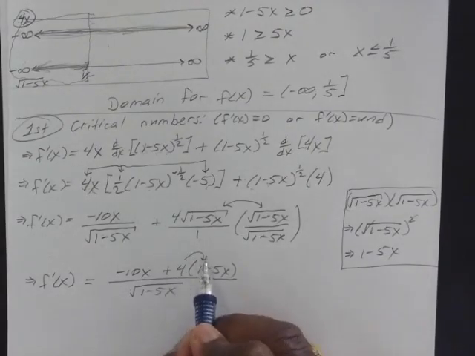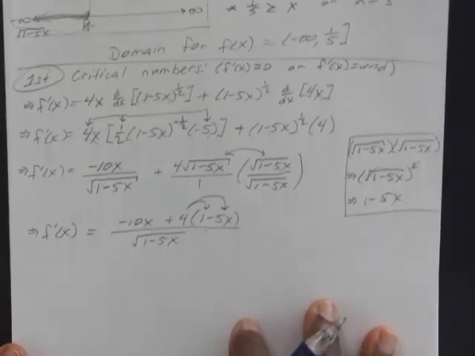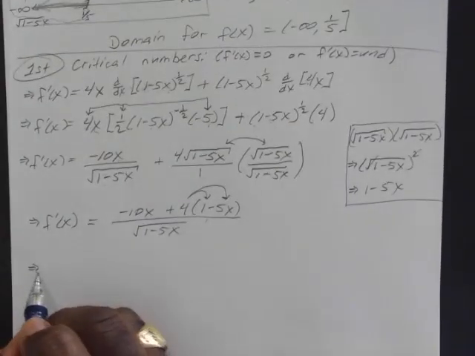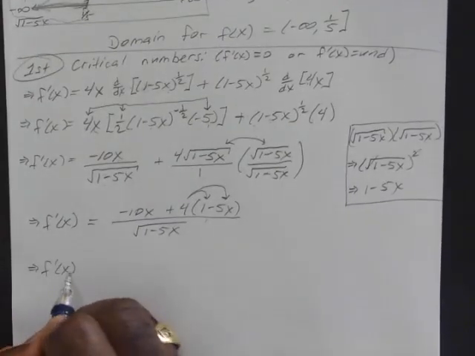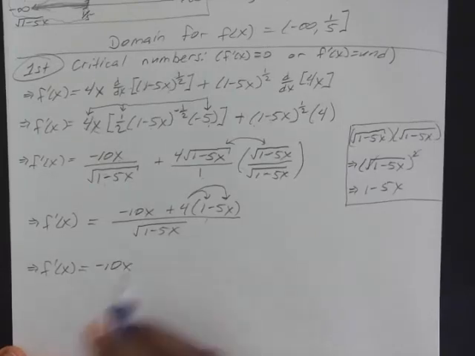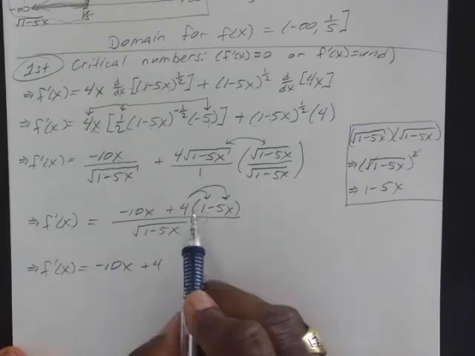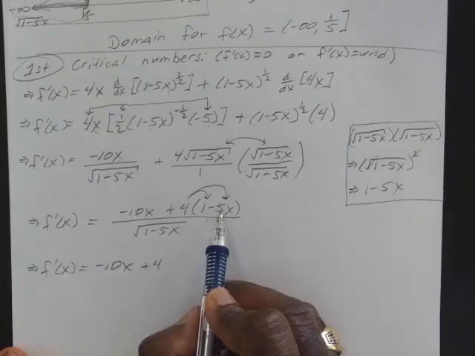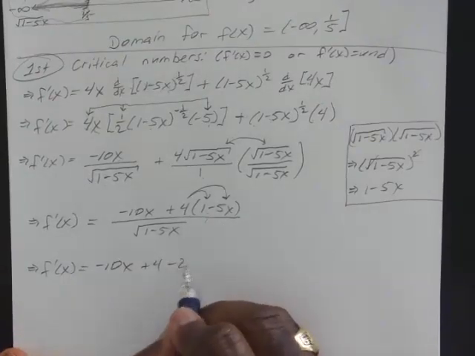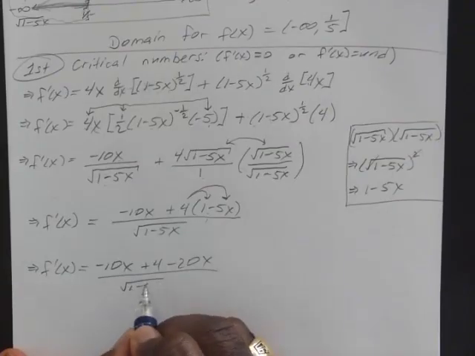So if we go ahead and distribute that 4, it gives us f prime of x is equal to negative 10x. 4 times 1 is 4, so plus 4. 4 times negative 5x is negative 20x, divided by the square root of 1 minus 5x.